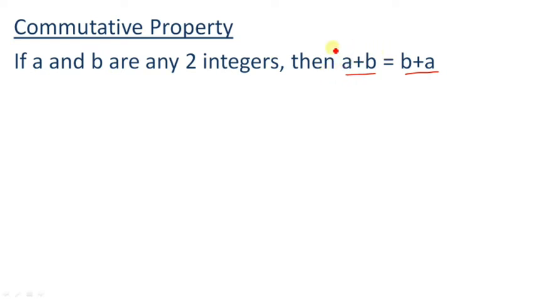Suppose I take two integers, minus 4 and minus 8. Suppose minus 4 is a and minus 8 is b. Now if I add minus 4 plus minus 8, what will be the value? The value will be minus 4 minus 8, which will be equal to minus 12.